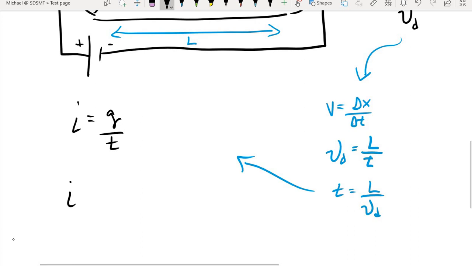So now our current is equal to charge divided by the time. So we have to divide by this expression, and when I divide by a fraction, I have to flip that over. Okay, so now I've got all of that material.